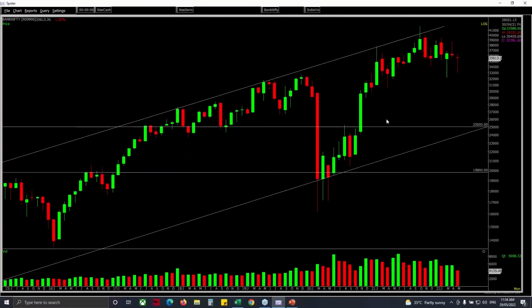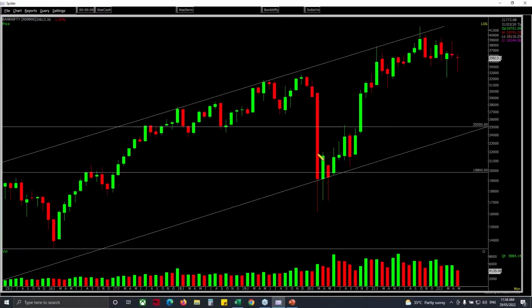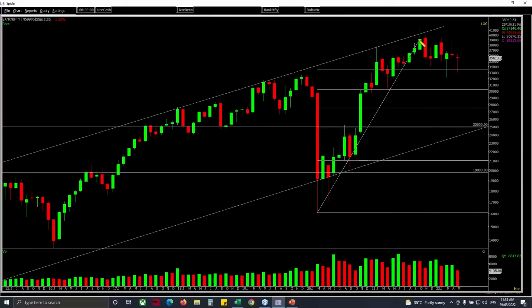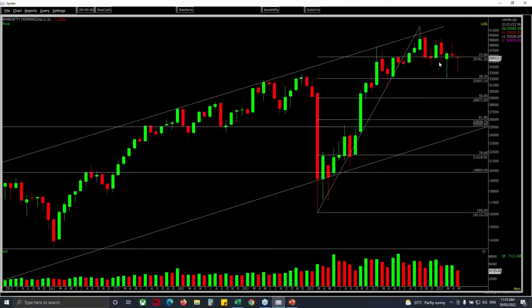Now, a few things that we can notice: we can take the retracement of the up move that had happened since the fall of March 2020. We are below the 23.6 retracement, and we had almost taken support in March, testing the 38.2 level in March.